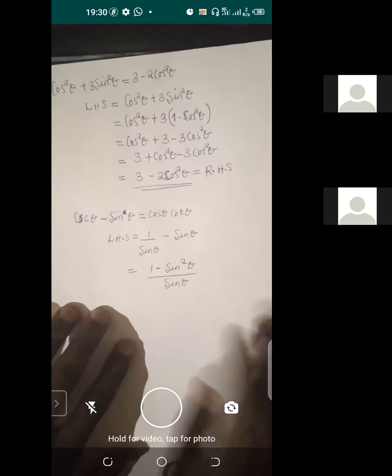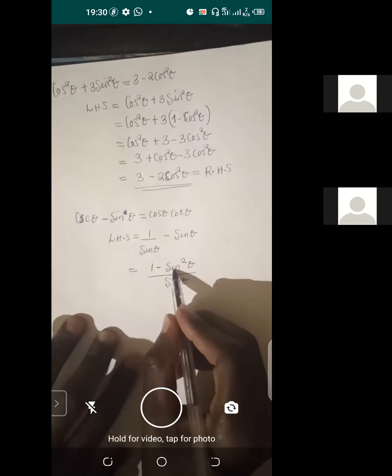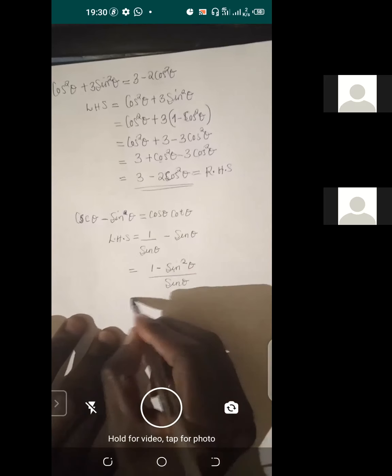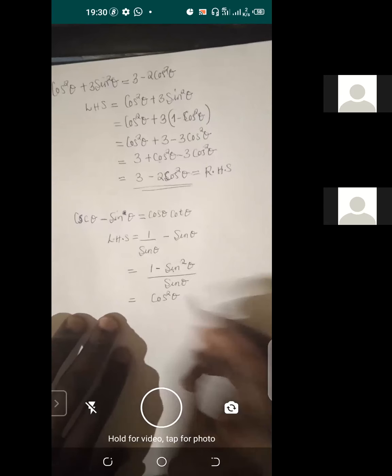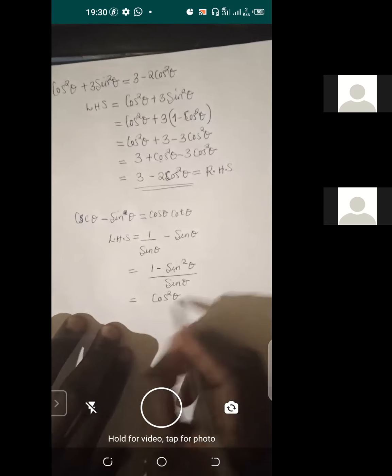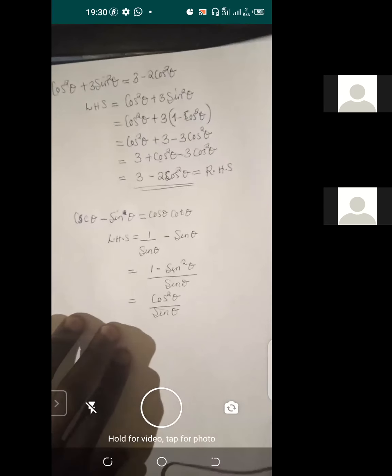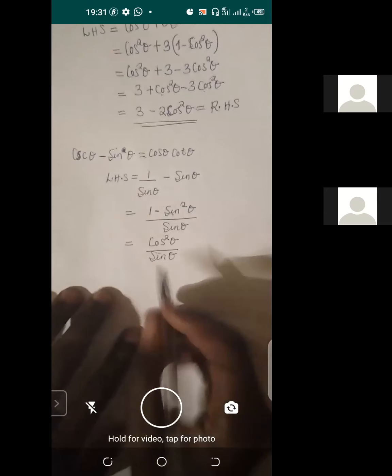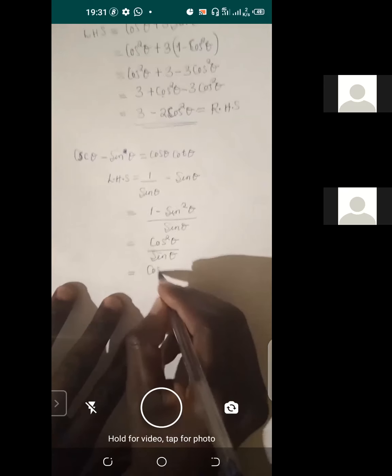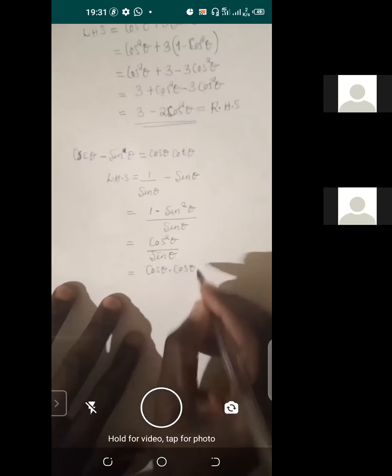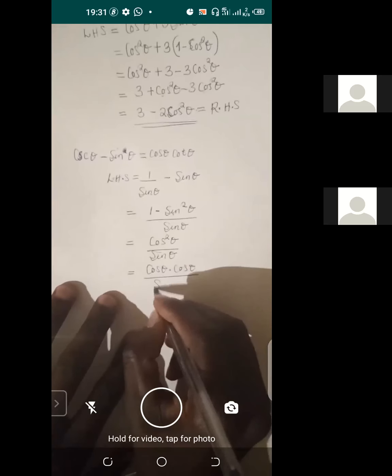But you know this, 1 minus sine squared theta is simply equal to cos squared theta over sine theta. And that will give you something like this, cos theta times cos theta over sine theta.